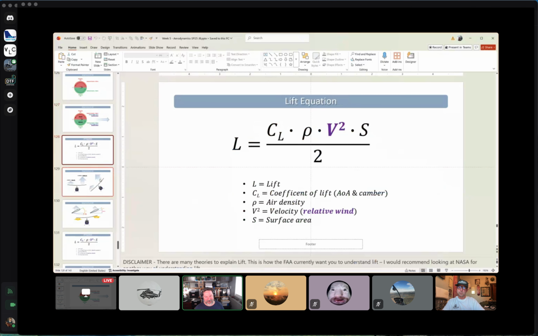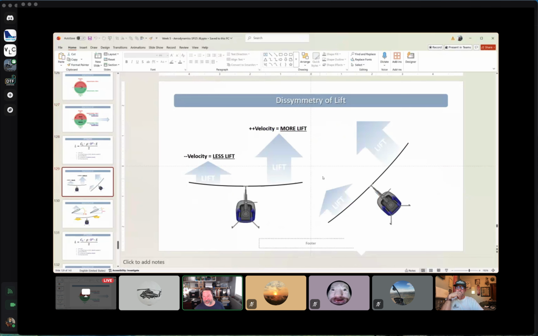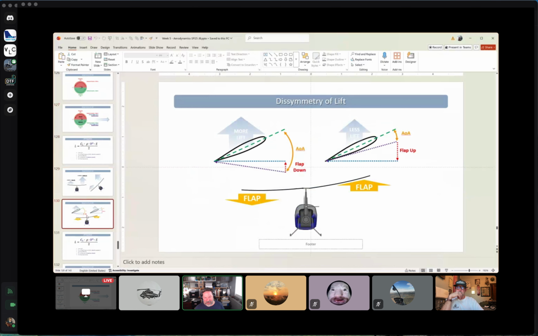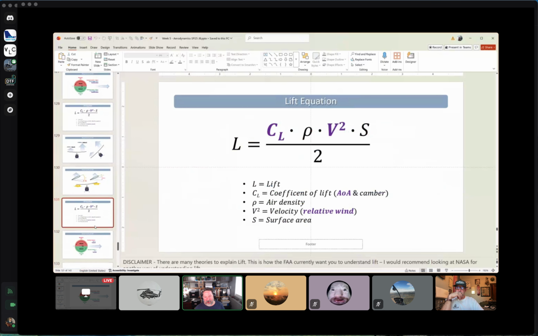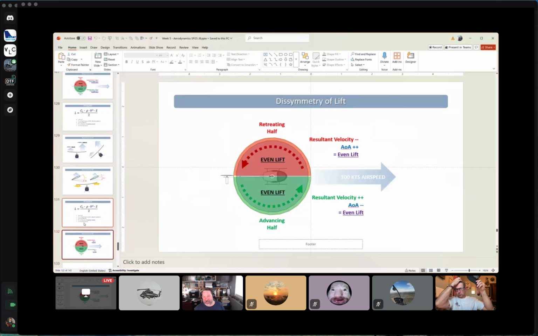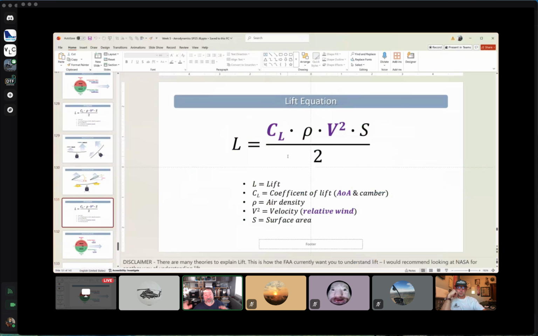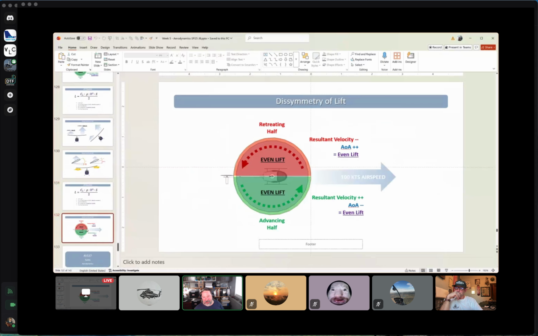There is a purpose to this, and some things to pull out of it. We see there's more lift because there's more velocity. Then we talk about flapping, and how, if we're changing the angle of attack, we're modifying the lift equation from the advancing and the retreating side, just like you said: the velocity squared on one part, but we're messing around with the CL, or the angle of attack, on the other side.